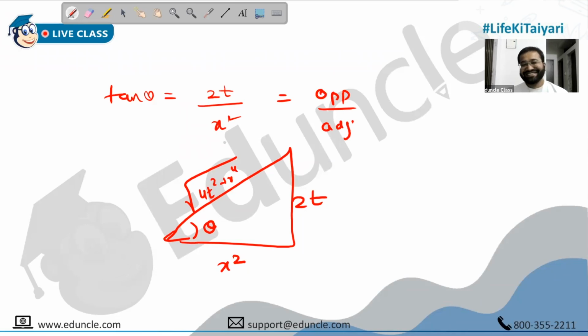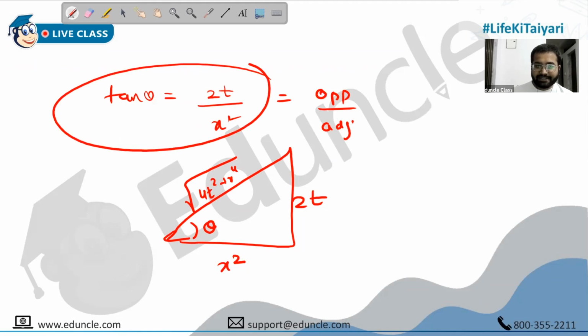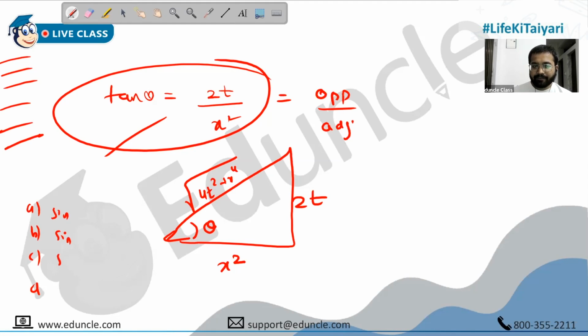So the point is, if tan is given to you, but suppose you ended up finding this in a solution, you solved 5-6 lines and you got this, but you see that all the options are in terms of sine. So what to do immediately after this? Tan theta is opposite side upon adjacent side, right?